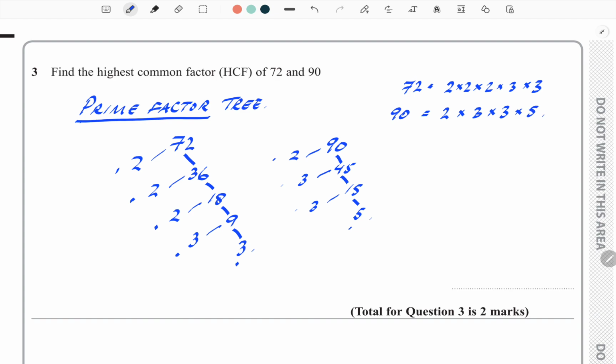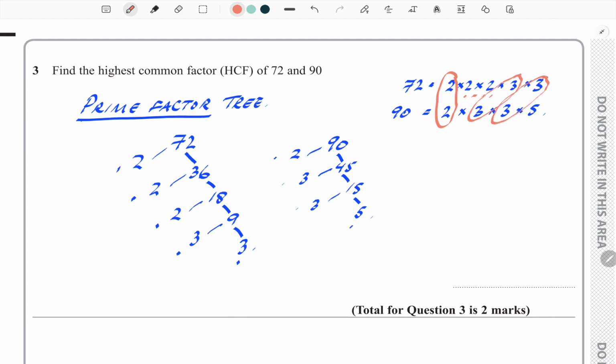The way we find the highest common factor, it's actually the product of all the common factors, as the title says. So in this case, let me use a different color. We're going to pair up ones that are common. So there's a 2 and a 2 there. The other 2's here have no corresponding 2's in the 90, so leave those alone. Then we have a pair of 3's, like that, and another pair of 3's.